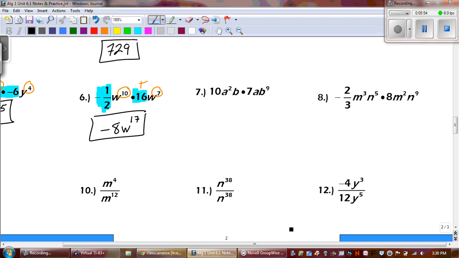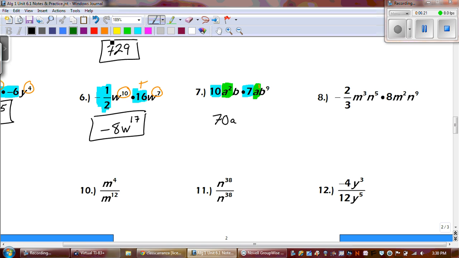All right, number 7. I'm going to take care of my coefficient first. 10 times 7 is 70. We need to write these in alphabetical order, so the A's coming first. So let's just look at the A's. Well, there's no exponent for the A. Remember, it's 1.